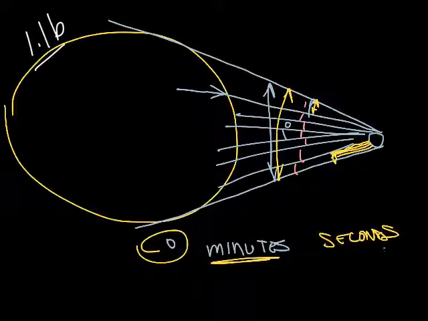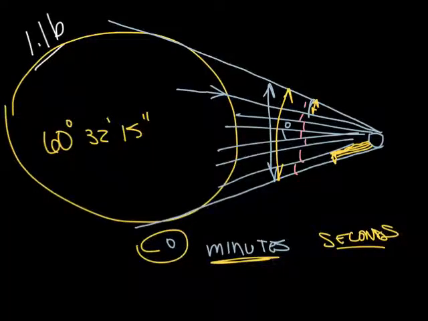So there are 60 seconds in 1 minute and 60 minutes in 1 degree. The way we write those is, let's say we're doing 60 degrees, 32 minutes, 15 seconds. That's the way you label those. Minutes and seconds are marked with one little apostrophe and then a double apostrophe.